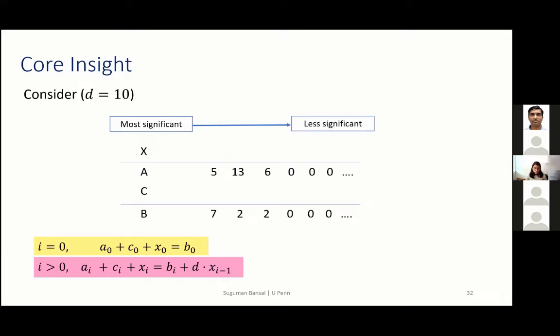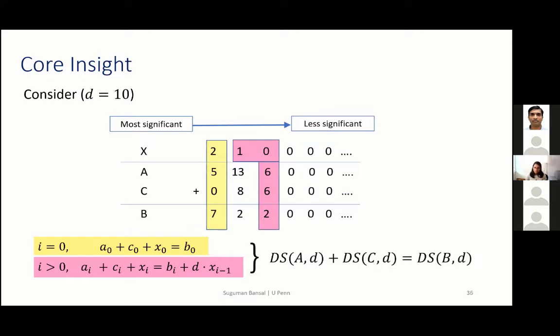So here's what we'll do. In the first column, at the most significant column, we will guess a candidate value for C and a candidate value for X. And we will check whether these candidates are correct using the yellow equation. Once that is done, we will use the pink equation to check candidate values for the next column, and so on and so forth.